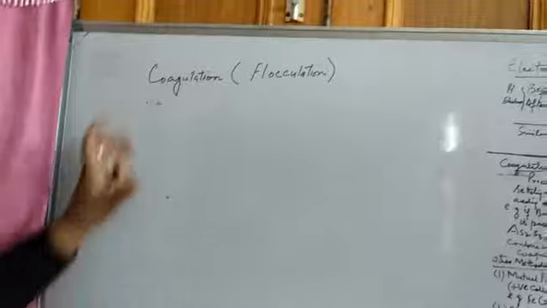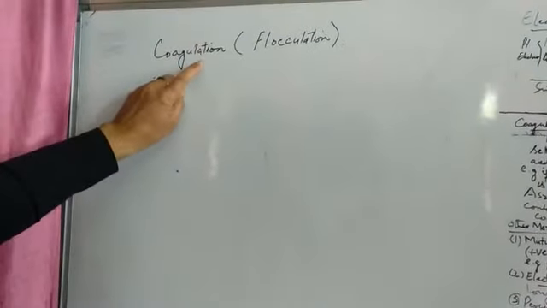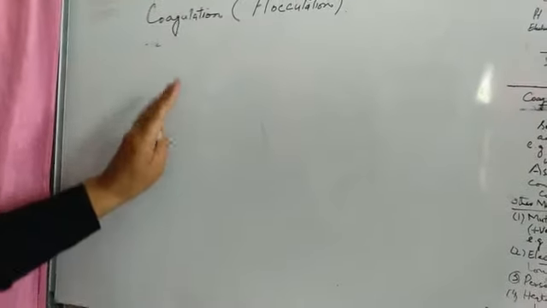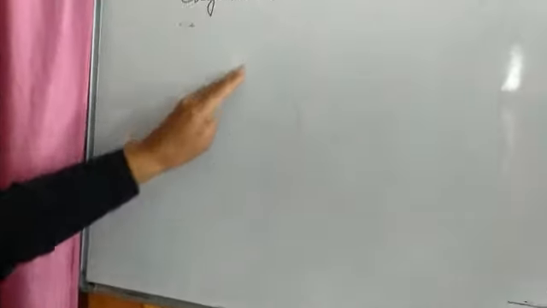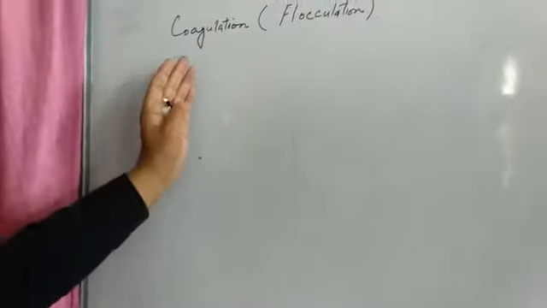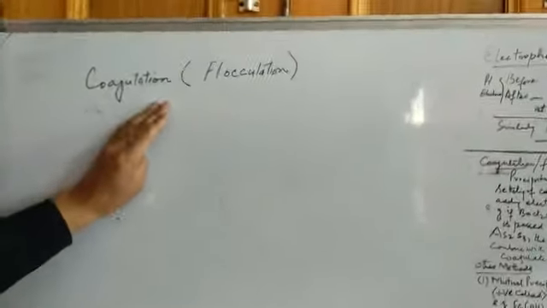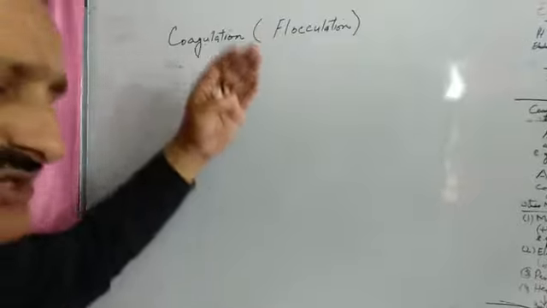Now, as far as this property is concerned, coagulation means precipitation, settling down. We know that colloids under normal conditions do not settle down. They do not change into precipitates. But they can be made to change into precipitates by a process known as coagulation. So coagulation means precipitation of a colloid.